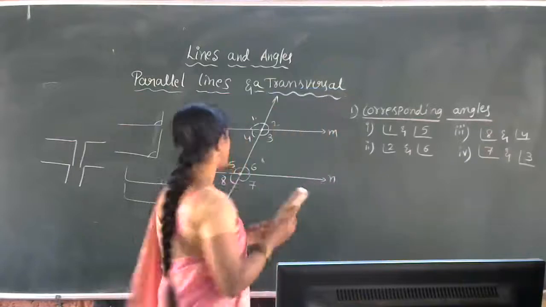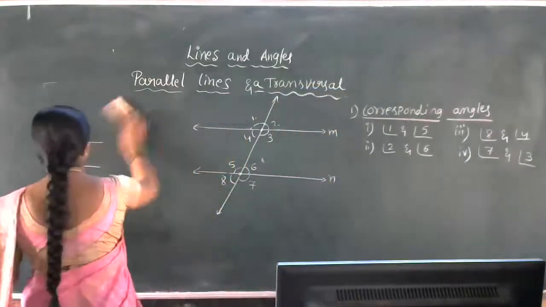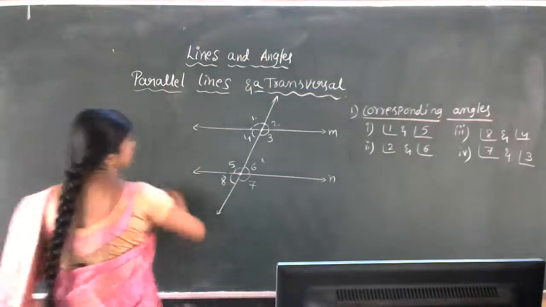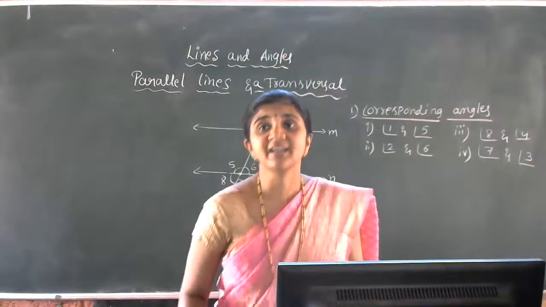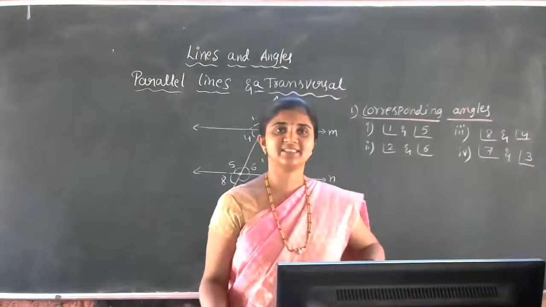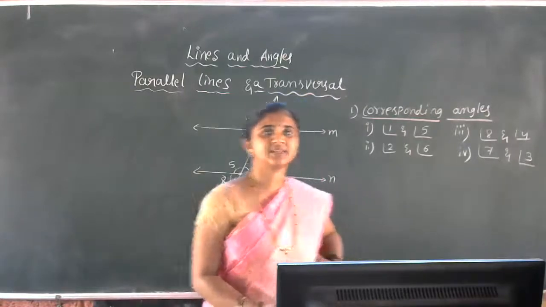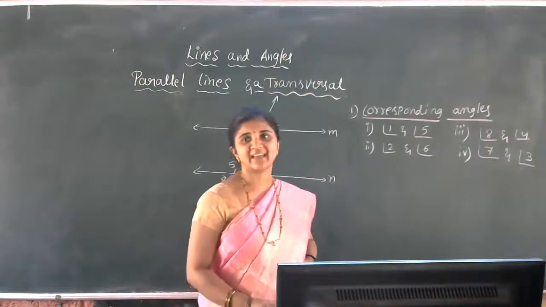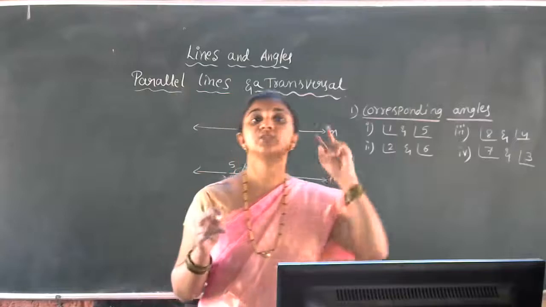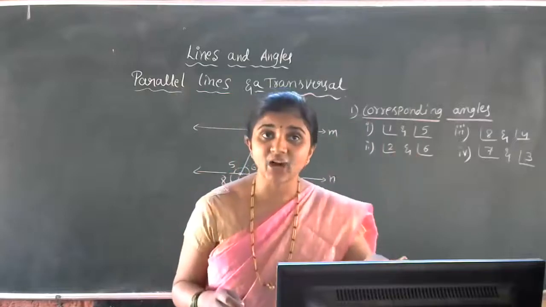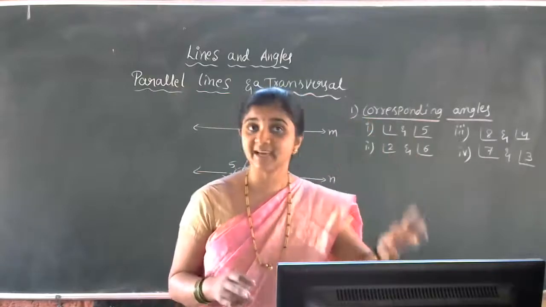After the corresponding angles, what is the second type of angle, students? Alternate interior angles. Yes, all are giving the same answer, interior alternate angles. In alternate angles, there are two types: interior alternate angles and exterior alternate angles.